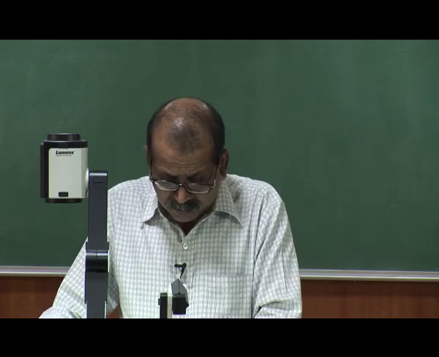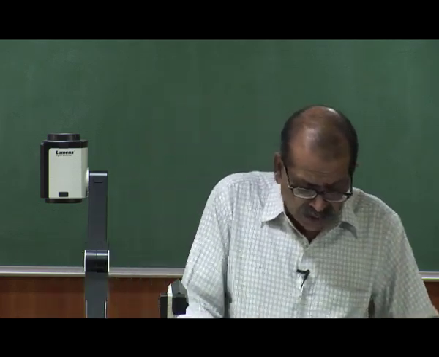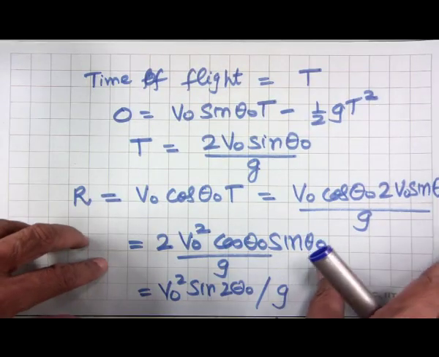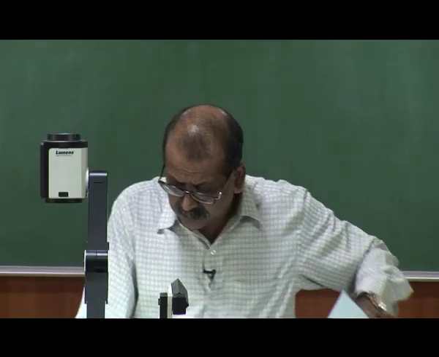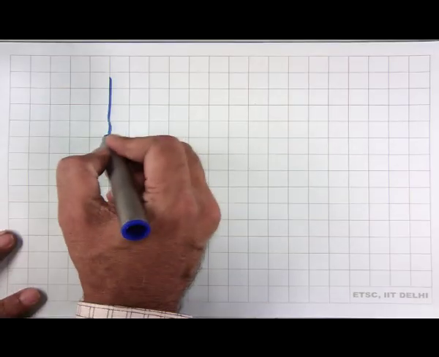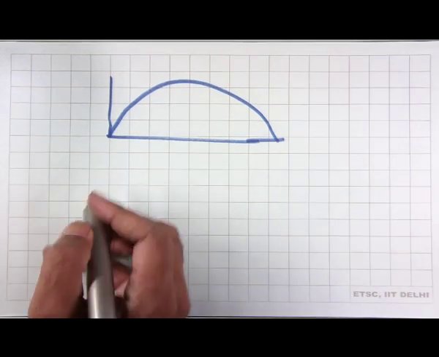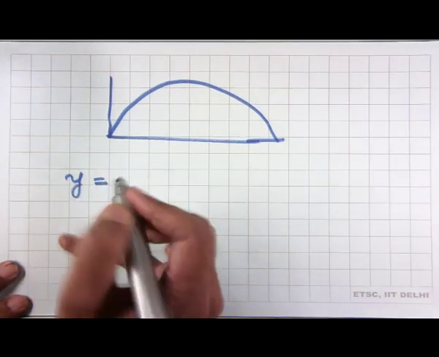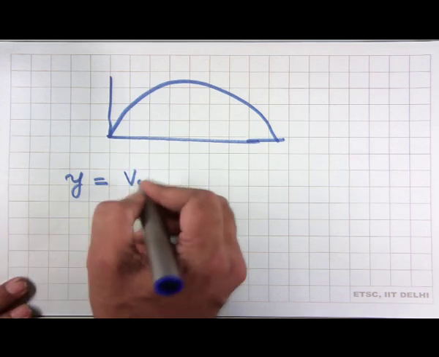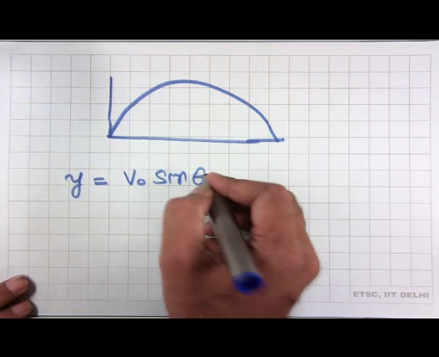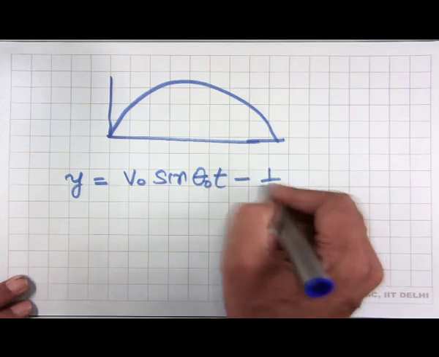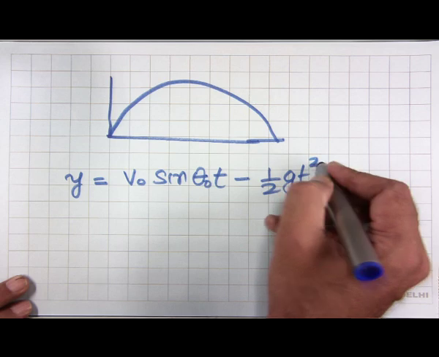Now, let us look at this expression again. This is the projectile path. The y coordinate which is travelled is given by V0 sin theta 0 t minus half gt square.